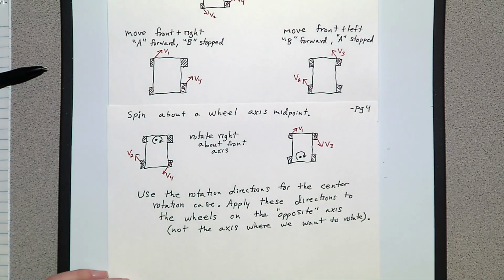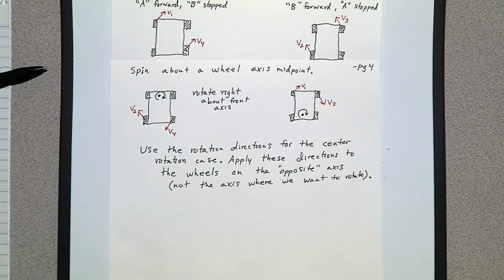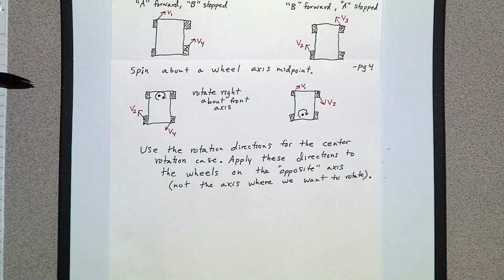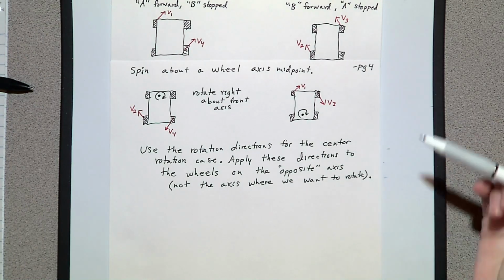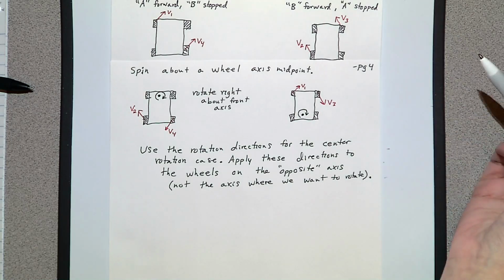And then the other wheels, we just leave stopped. So that gives us kind of a rough idea, if we want to do these different motions, as to how we might achieve those.